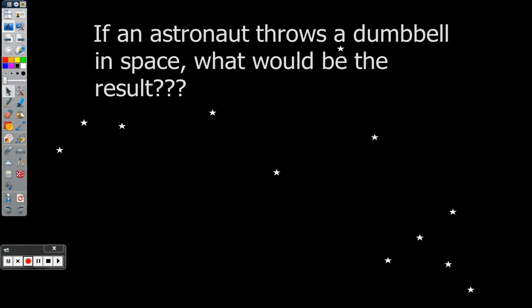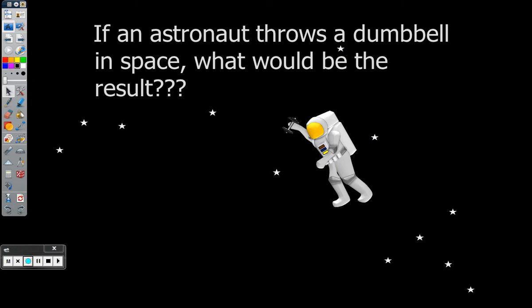If an astronaut throws a dumbbell in space, what would be the result? Okay. Anyone know what constellation that is? Big Dipper, a prize. So we have our astronaut who's going to throw a dumbbell. Okay, he's floating in space.